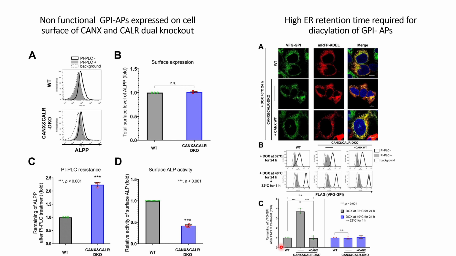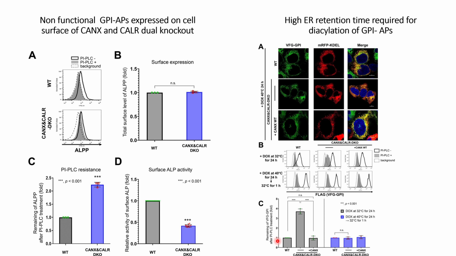And the results are quantitatively analyzed in panel C, where we can see that when the cells are grown at 32 degrees, most of the GPI-APs on the cell surface are less sensitive to PI-PLC in the case of dual knockout.